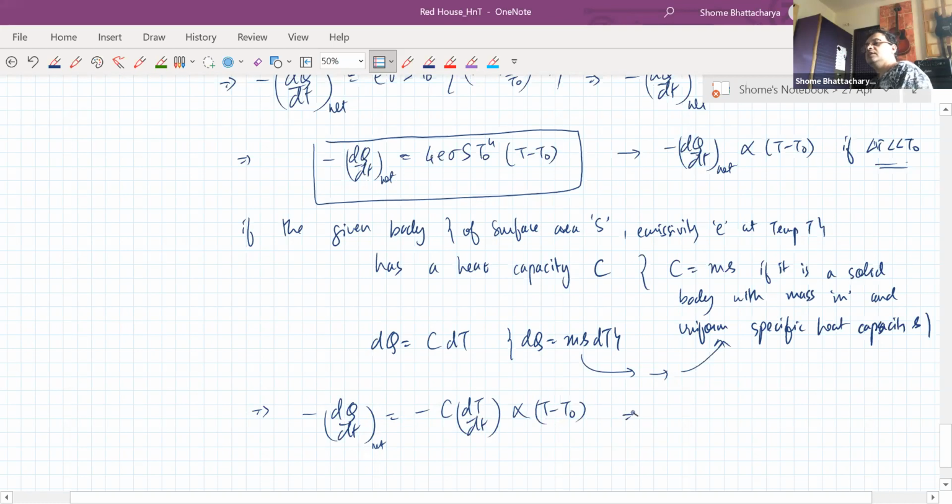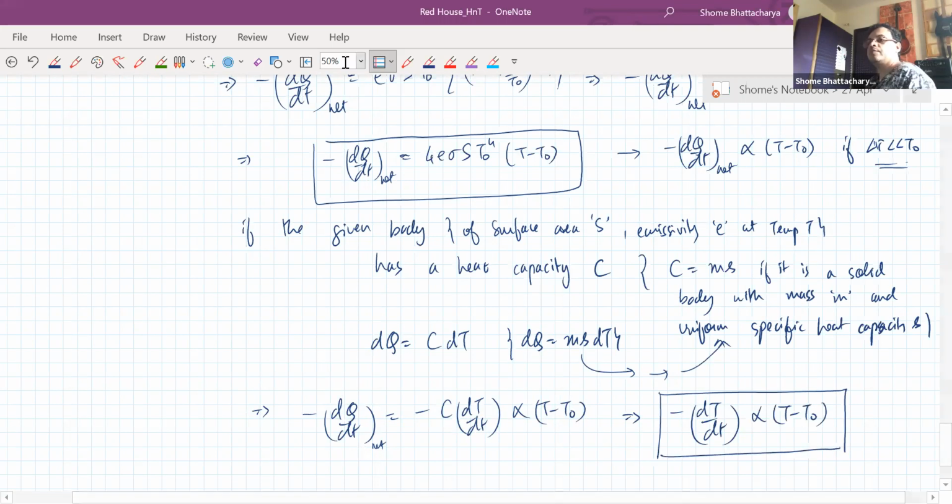So then basically we can say that minus dT by dt is proportional to the temperature difference. And this exactly, this proportionality that we are writing here, is in fact the statement of Newton's law of cooling.